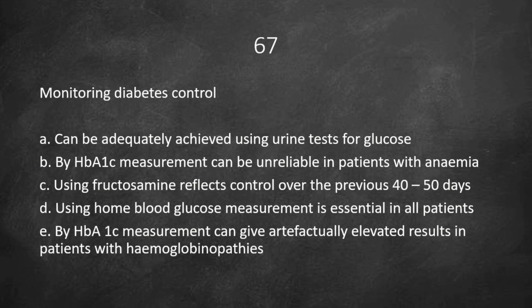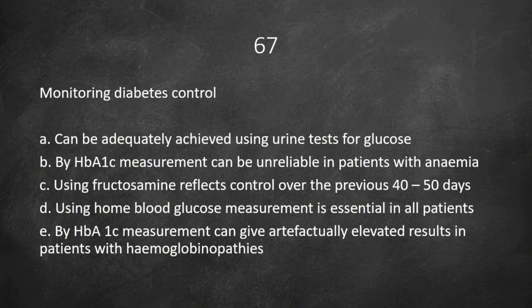It's particularly helpful when HbA1c results may be unreliable or when more frequent monitoring of glucose control is needed. So that answer too is viable. The only issue is the number of days given, which is a little bit high, because 2 to 3 weeks is not up to about 40 days. That's about 21 days or something like that.